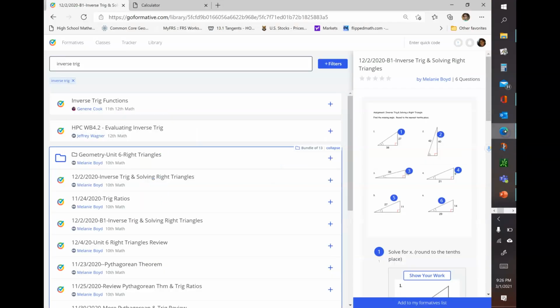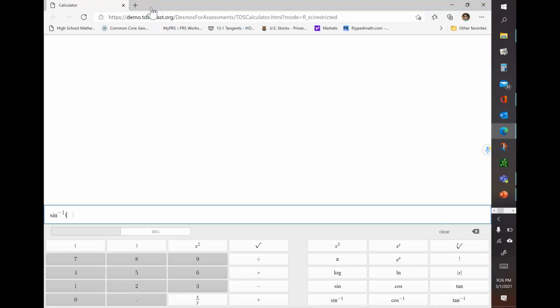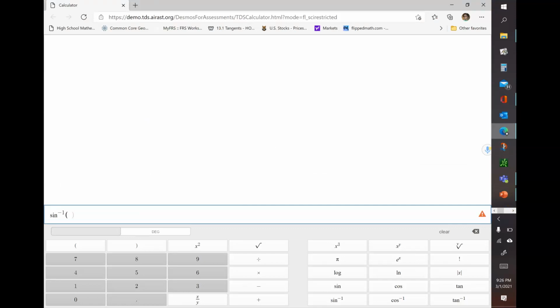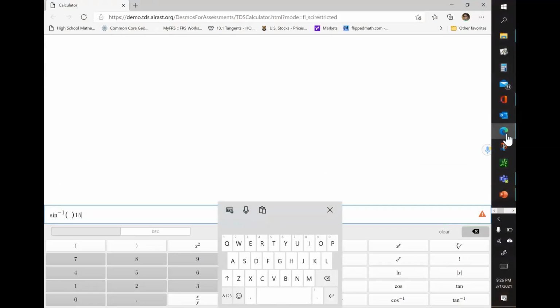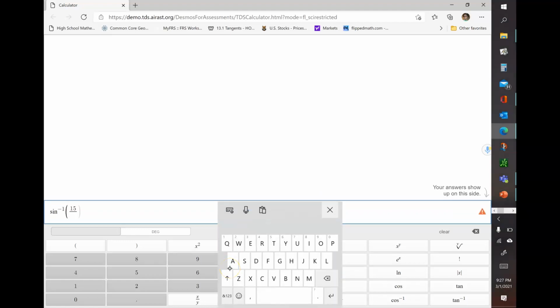Inverse sine is right here. Click that, and 15 over 24.